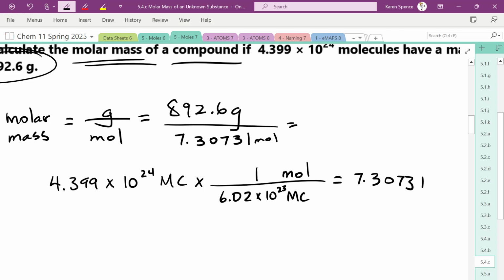I do that calculation, 892.6 divided by that, and we get 122.15. How many sig figs should we have in this answer? We have 4, we have 3, and we have 4, so it should be 3 sig figs. So that's going to become 122 grams per mole.